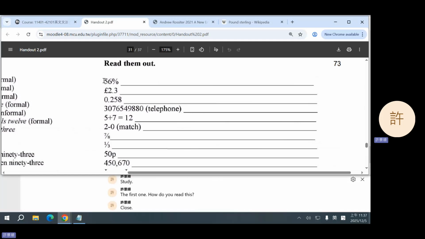You don't need the and. 56%. The second one. How do you read this one?